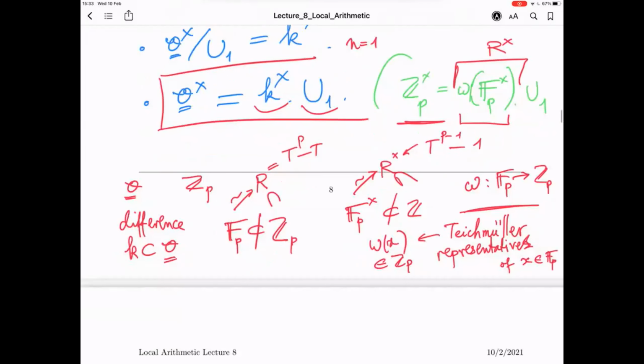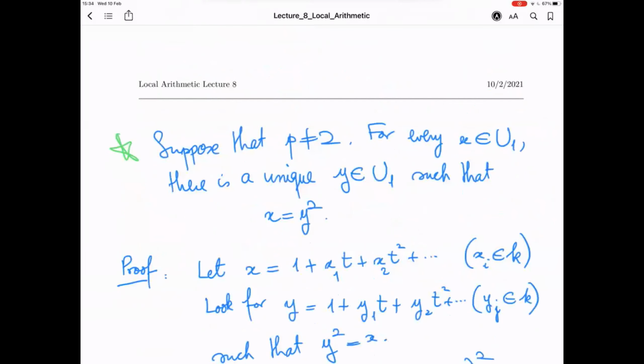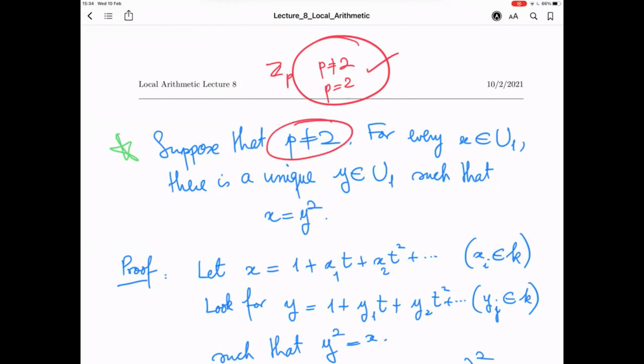Okay, so in the case of Zp, we hardly ever made the assumption that p is different from 2. We sometimes had to treat these two cases separately, but both cases were allowed. Here, it's very important to make this assumption that p is different from 2 for many of the things I'm going to do today.